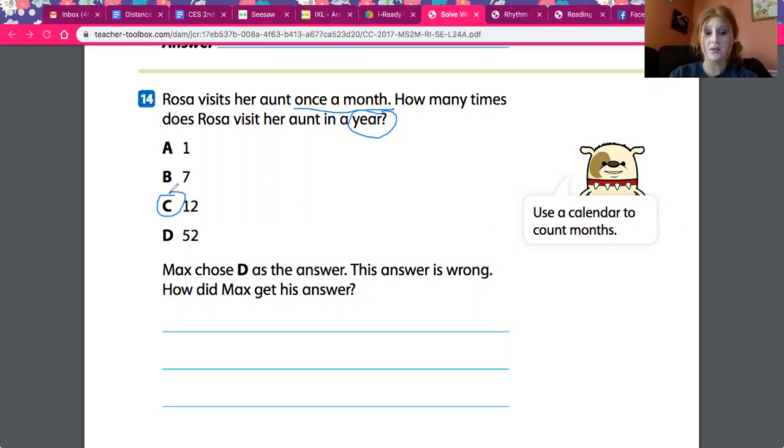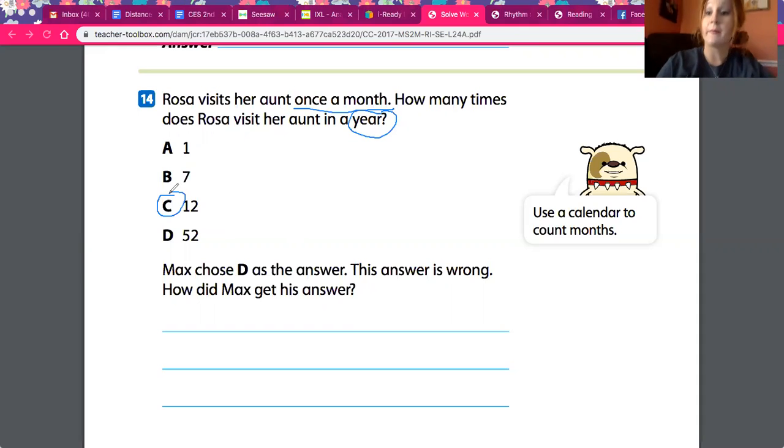Max chose D, 52. This answer is wrong. How did Max get his answer? Why would Max choose 52 as the answer? What does that magic number have to do with a year? Oh, there are 52 weeks in a year. So Max got his numbers confused.